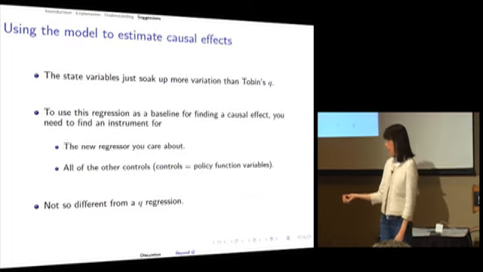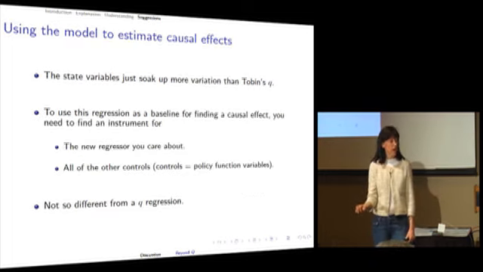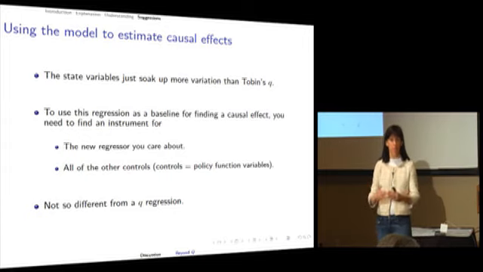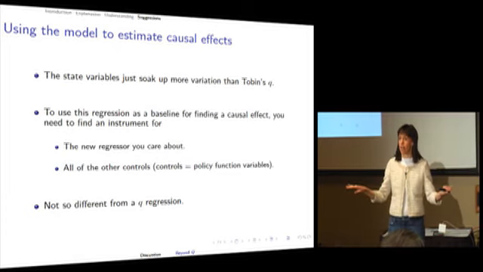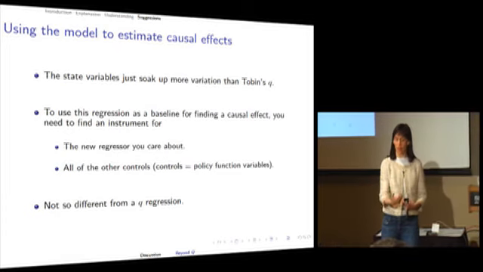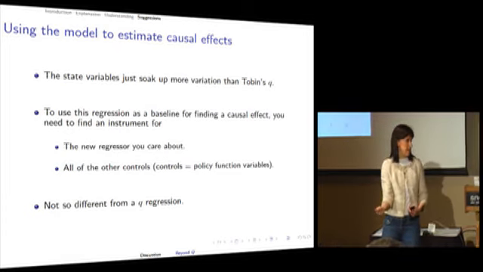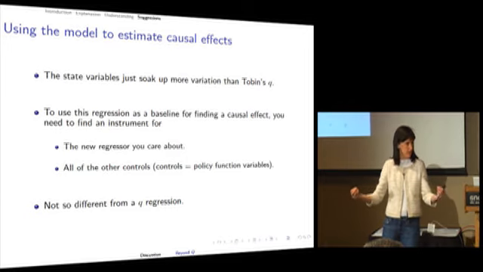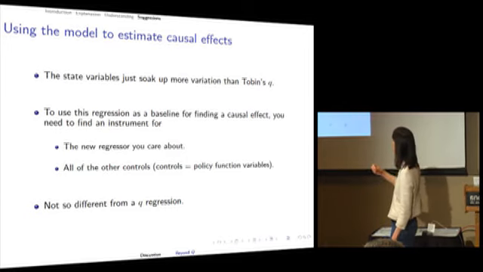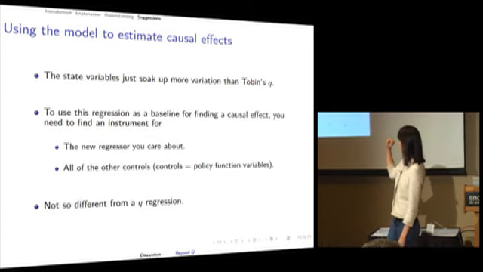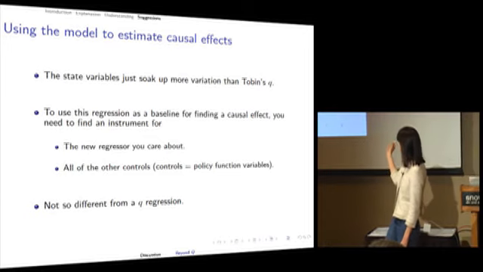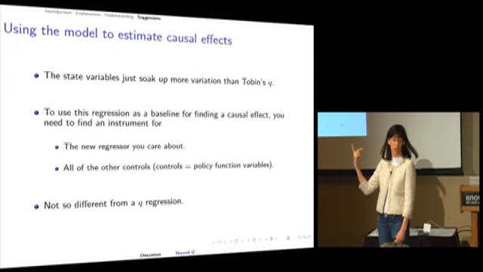So one thing that they want to do is to figure out how to use this regression to estimate causal effects. In other words, they want to use their regression as a baseline, and then let's say you have your favorite causal effect. You want to see whether this works and whether this baseline is a good idea. So what would you have to do for this? If you wanted to use this regression as a baseline for finding a causal effect, you need to find a bunch of instruments.